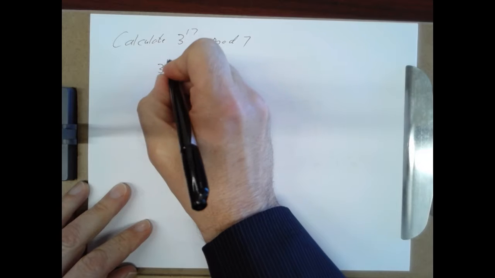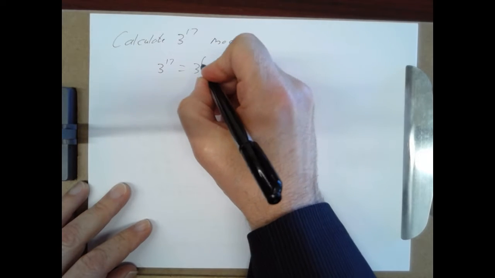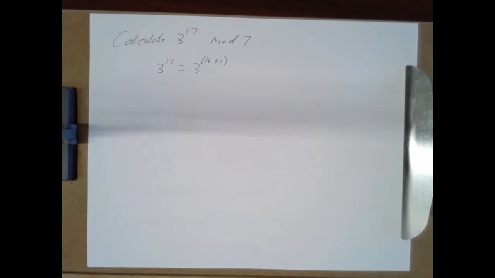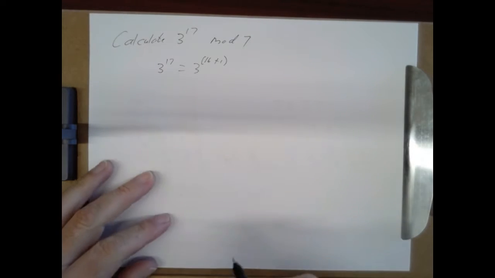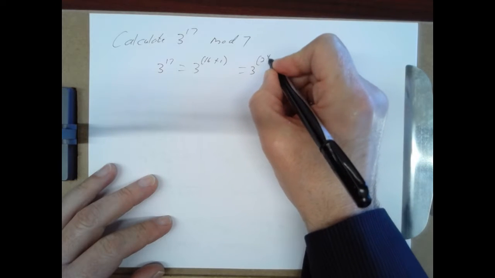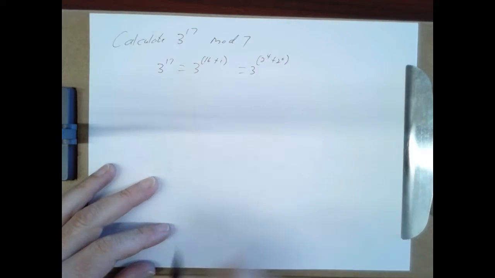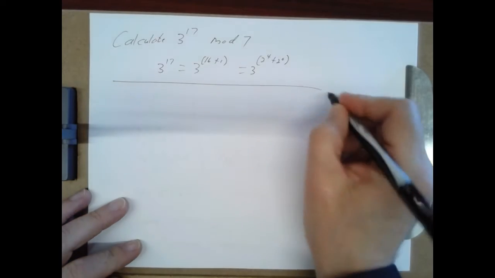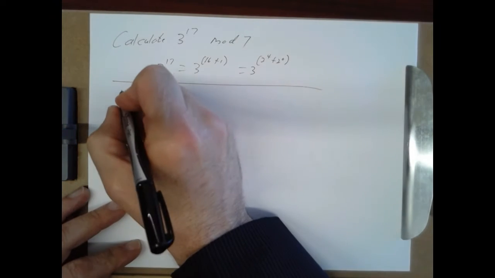So 3 to the 17th equals 3 to the 16 plus 1, which we're actually thinking of as 2 to the 4th plus 2 to the 0. 16 plus 1. So let's write down what powers of 3 are mod 7.